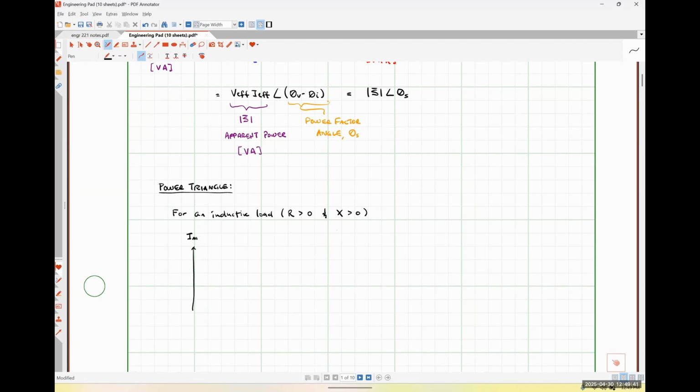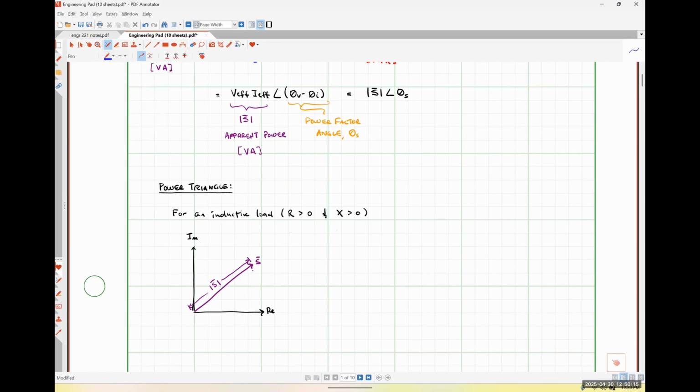So here's my imaginary axis. Here's my real axis. And then my complex power would lie somewhere in the first quadrant, okay? The length of this vector is simply my apparent power.